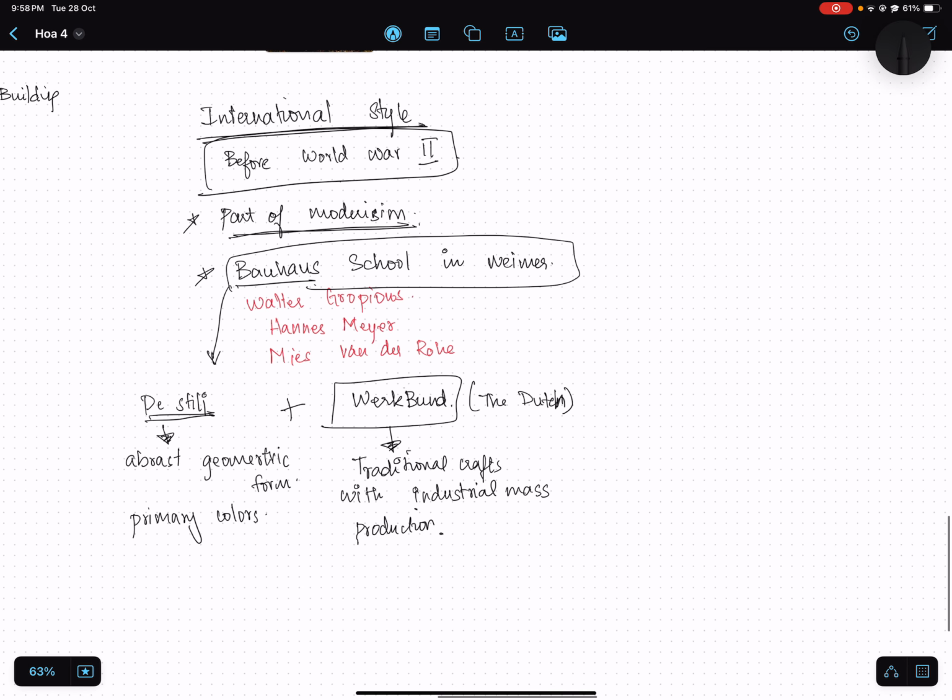So the Bauhaus school was deeply influenced by these two, and you can also call it the international style as the Zeitgeist, which is the spirit of time and space.